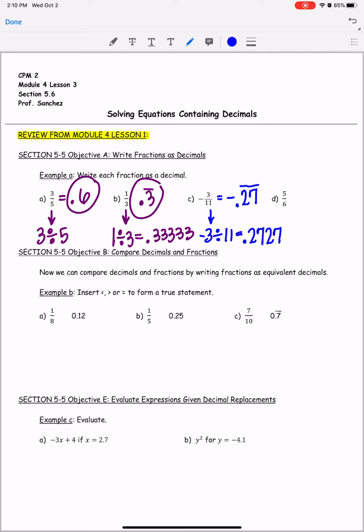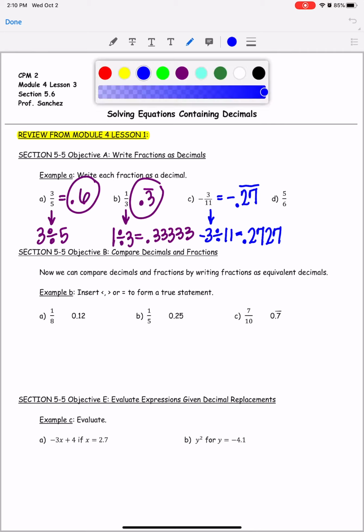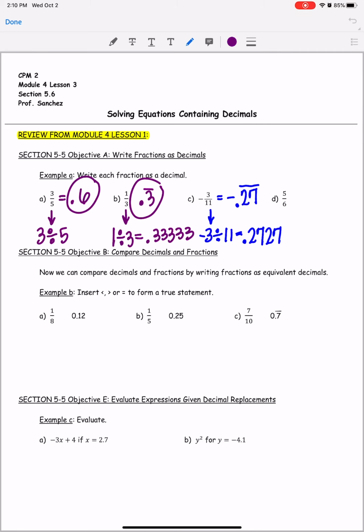So then on D, when you put this one in your calculator, 5 divided by 6, you get 0.8, and then the 3 is just continuously repeating.